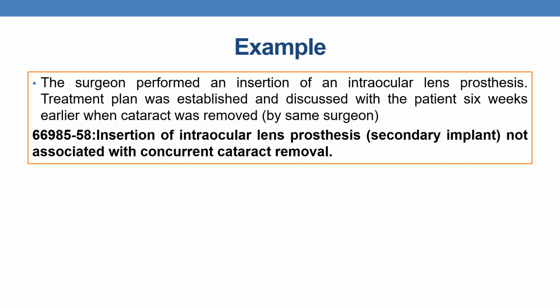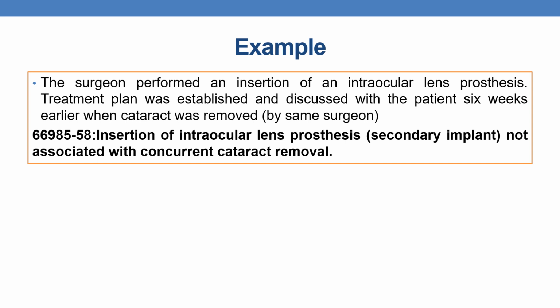In the previous session, which is 6 weeks earlier, cataract was removed. And now, the same surgeon is performing an insertion of intraocular lens prosthesis. So, here the appropriate CPT is 66985 along with 58 modifier.